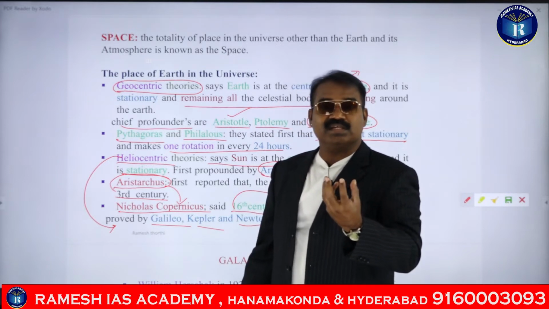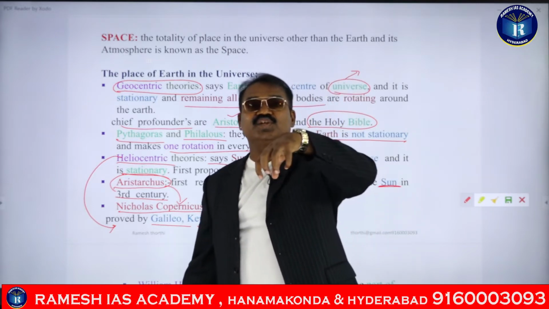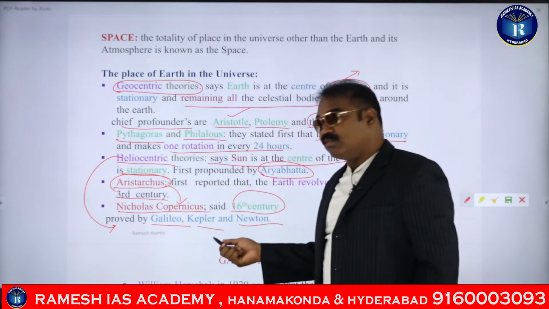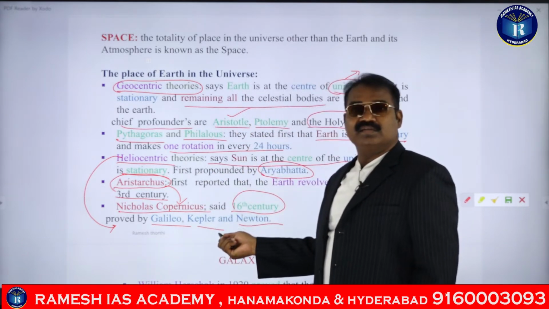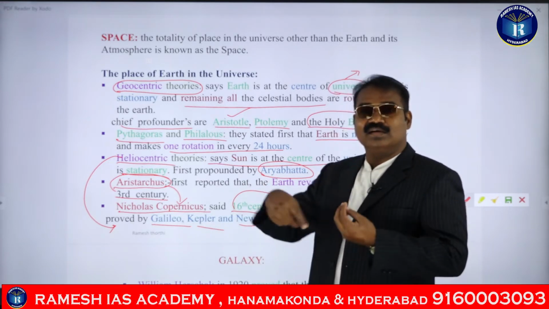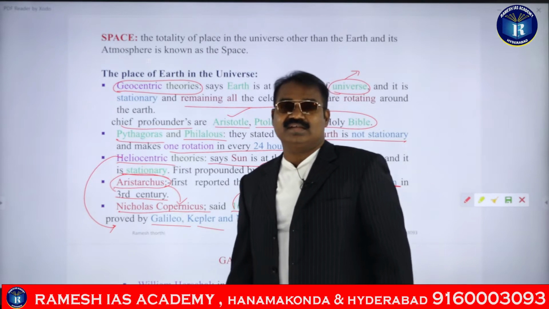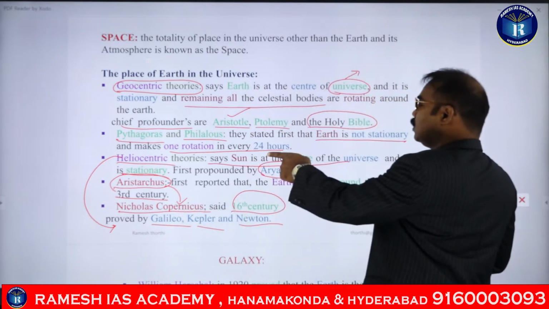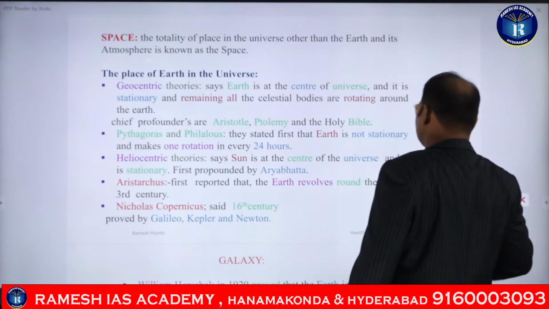And the heliocentric theory says that the sun is at the center, it is stationary and everything else is moving around the sun. So they were believers of heliocentric theories. And fortunately, they proved that the earth is revolving around the sun, guys. This is related to the heliocentric theories.